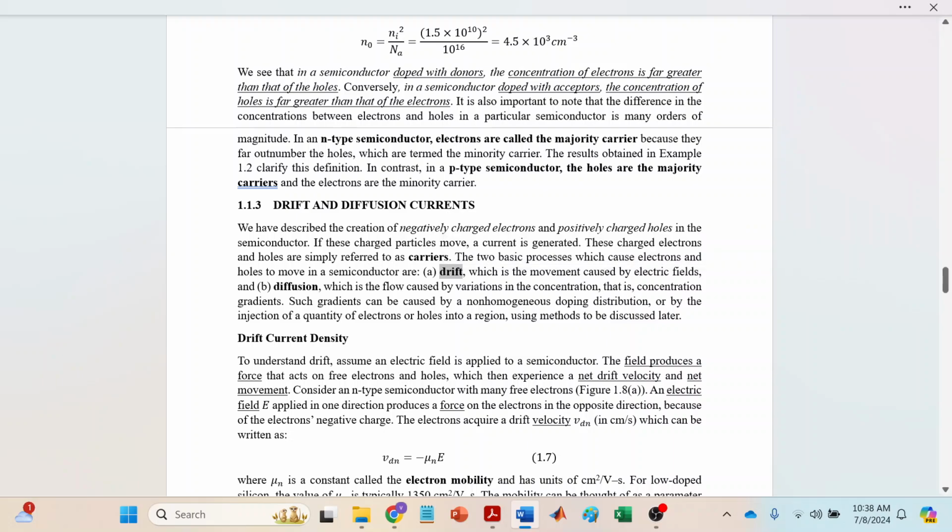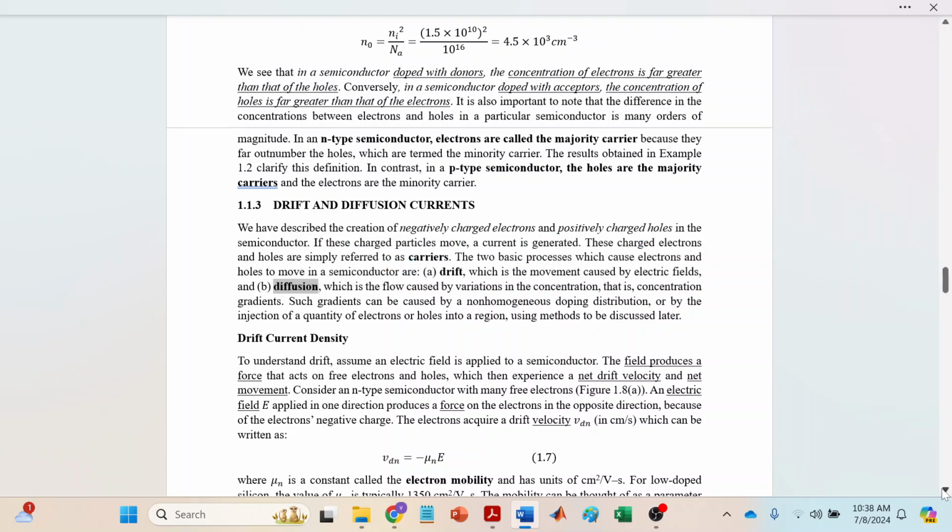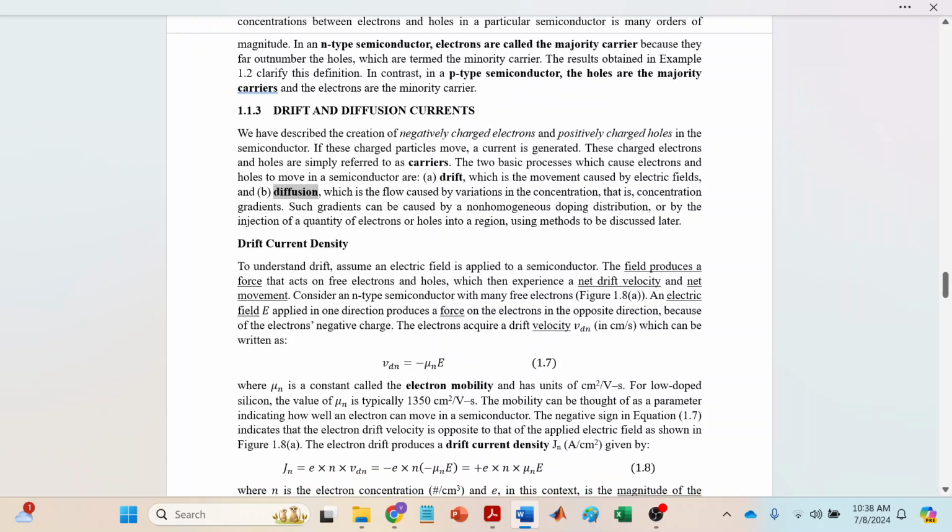In the case of diffusion, current is generated when these charge carriers move as a result of difference in concentration gradient. So we start with the first case, drift current density.